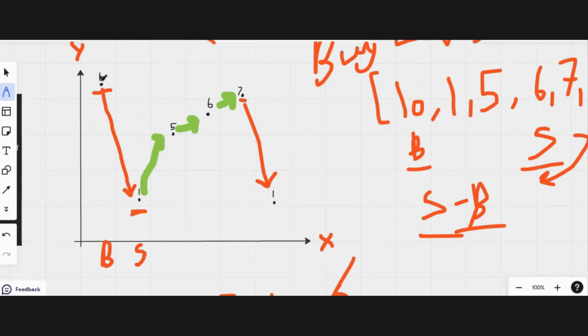Buying at 10 and selling at 1 gives us a loss of 9, and selling at 1 doesn't seem like an ideal place. So in that case, we cut this and sell at 5.